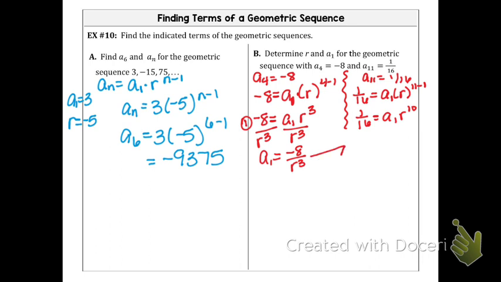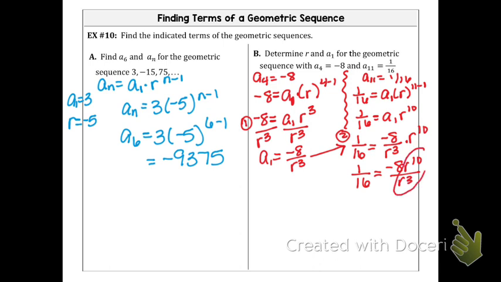Now I'm going to take that and plug it into the second equation over here. So I got 1 over 16 equals, we know a sub 1 is now negative 8 over r cubed times r to the 10th. So that's 1 over 16 equals negative 8 r to the 10th over r cubed.